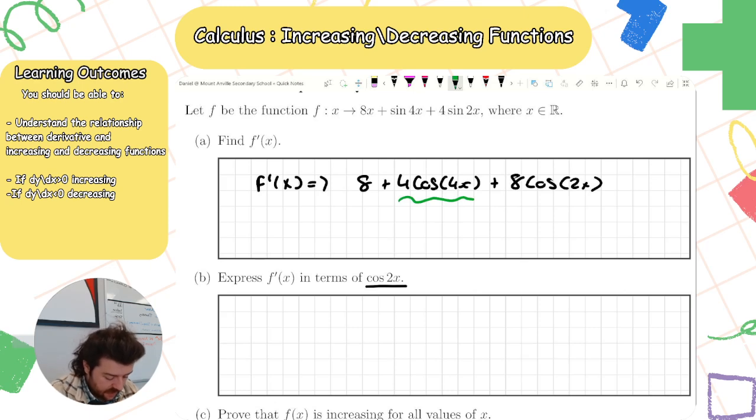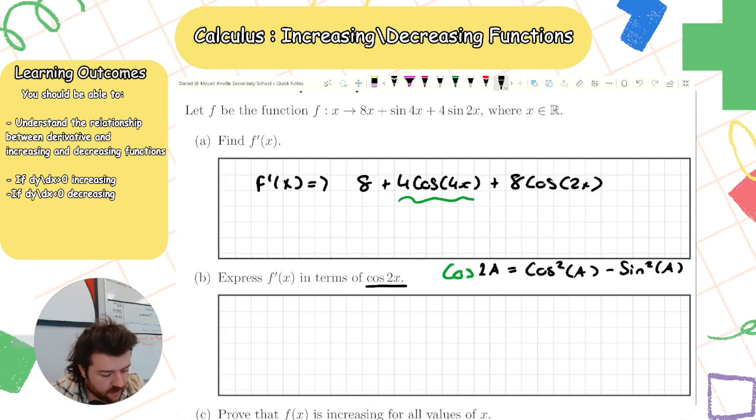We're going to be using the identity cosine 2 of an angle is equal to cosine squared of that angle minus sine squared of that angle. So if I say here 2a is equal to 4x, a is equal to 2x. So I can rewrite cosine 4x as cosine squared 2x minus sine squared 2x.